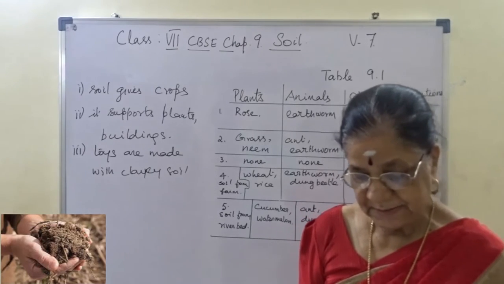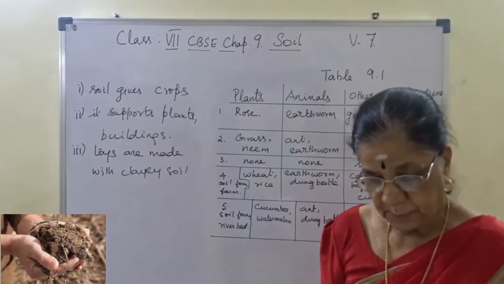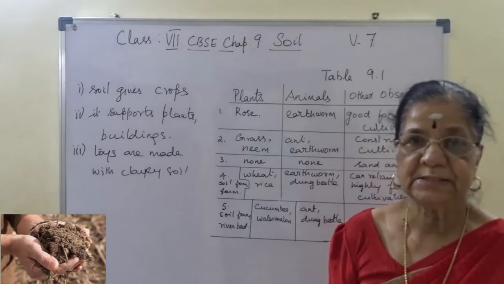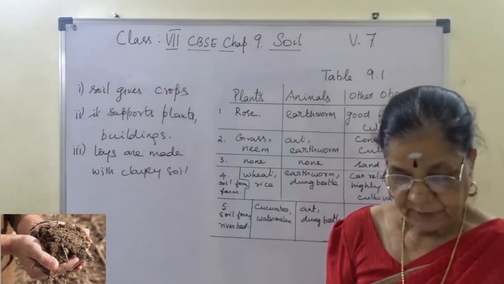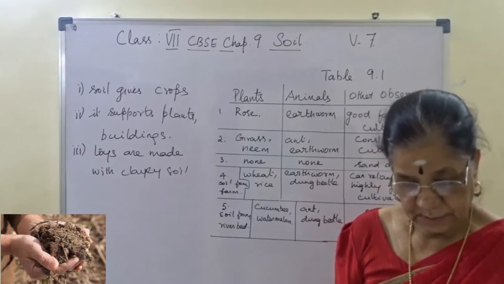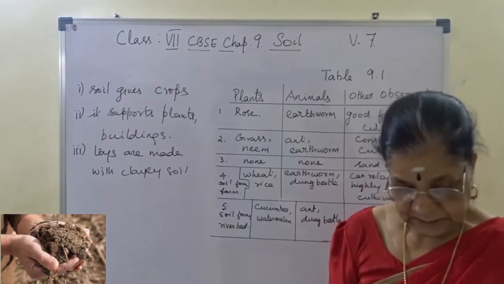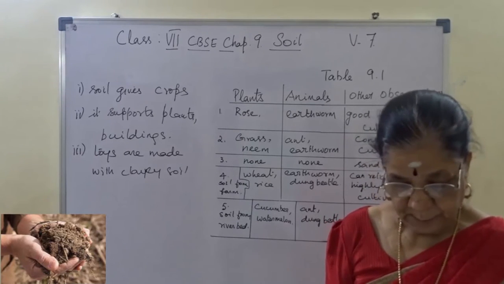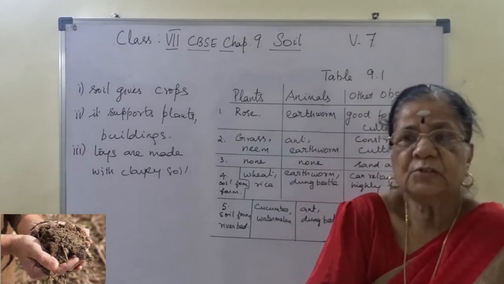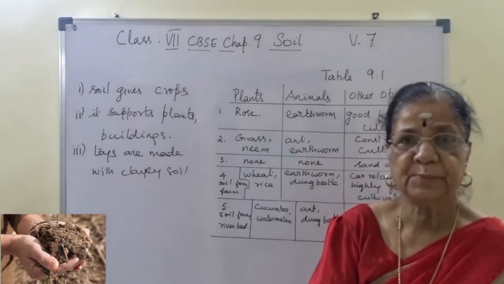Other substances which pollute the soil are waste products, chemicals and pesticides. Waste products and chemicals should be treated before they are released into the soil. The use of pesticides should be minimized.